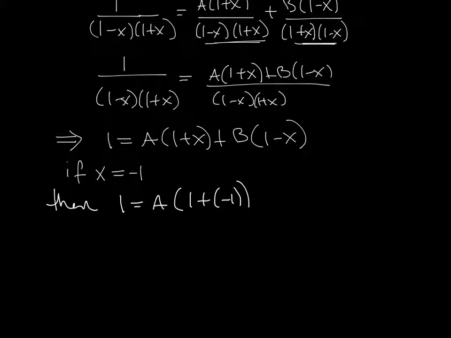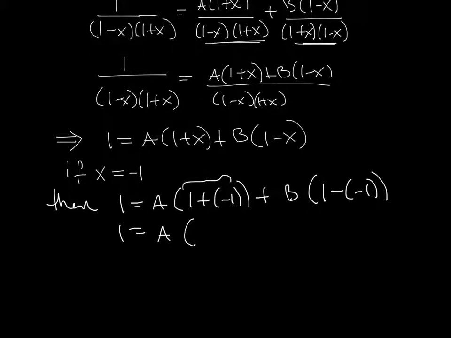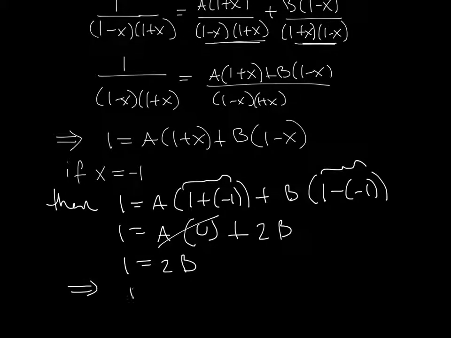I'm just substituting x for -1, plus b times 1 minus -1. And again, notice this guy is just going to give me 0, so this is gone. Plus, this is really 1 plus 1, right? So that's 2b. And I'm left with 1 equals 2b. And so if I divide both sides by 2, b is a half.